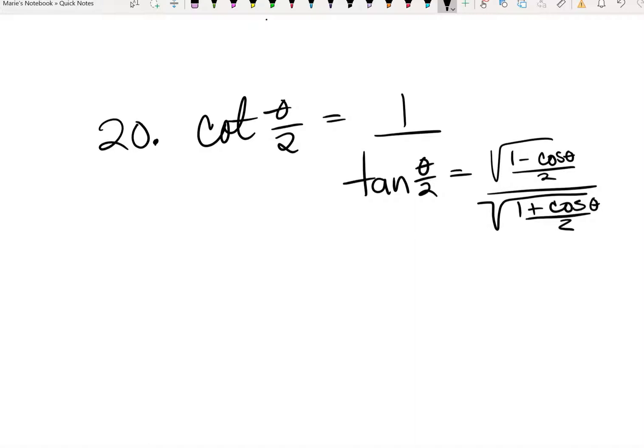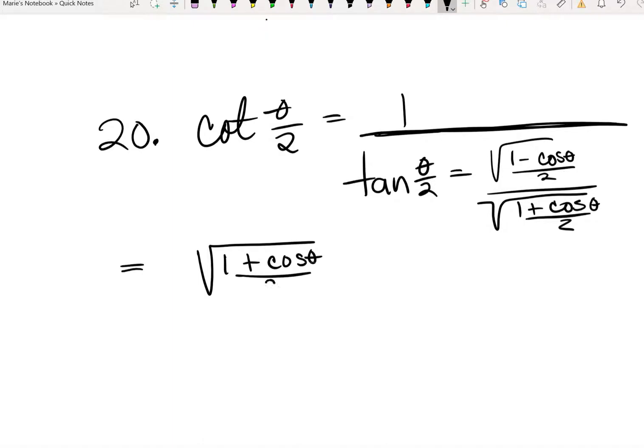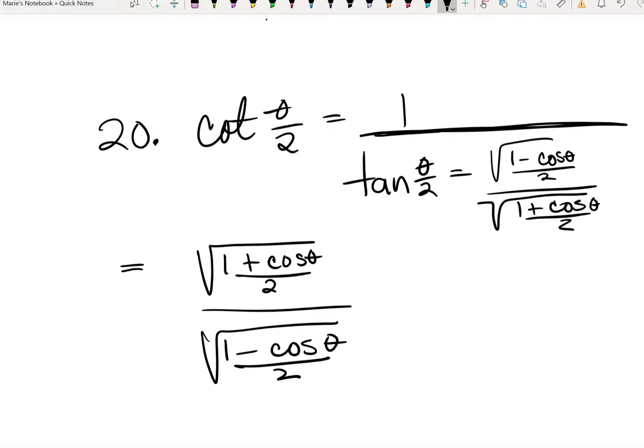Okay, now you notice the fraction bar here. And so we're first going to keep, change, flip, and this is going to become, in the next step, the square root of 1 plus cosine theta over 2 over the square root of 1 minus cosine theta over 2.